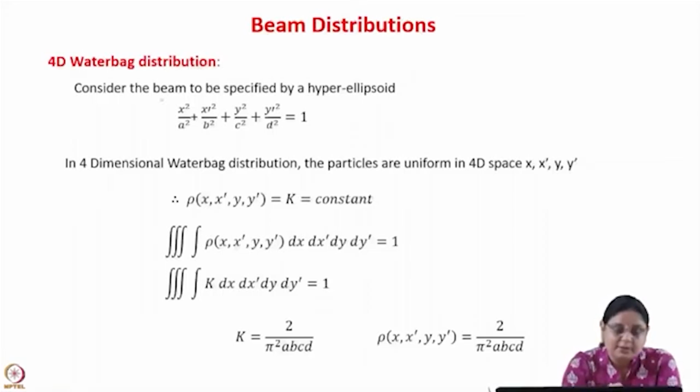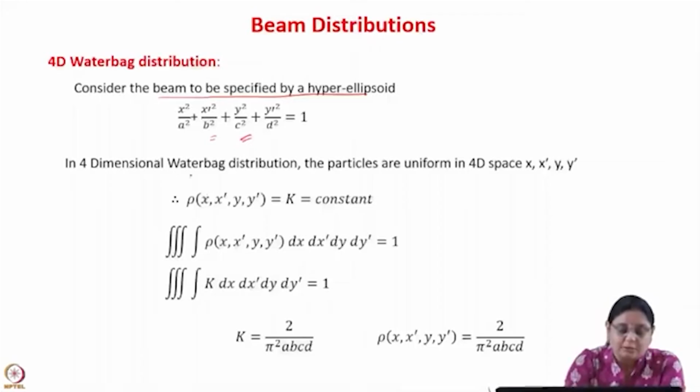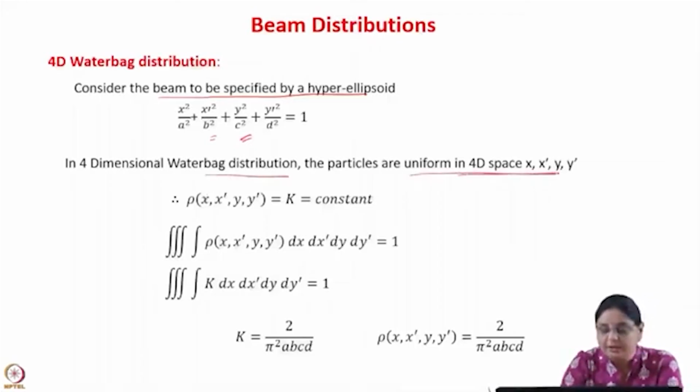So let's consider the beam to be specified by a four-dimensional hyperellipsoid: x square by a square plus x prime square by b square plus y square by c square plus y prime square by d square is equal to 1. Now in a four-dimensional water bag, the particles are uniform in the 4D space x prime y prime. So we can write the charge density in x prime y prime is equal to some constant k.